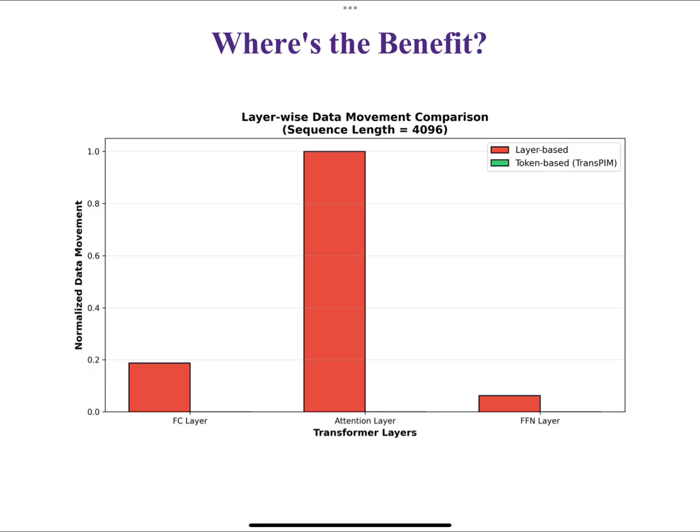Where does the benefit come from? Most of the benefit comes from the attention layer because it handles L times L matrices. Token-based data flow greatly reduces the number of times these large matrices need to be loaded or stored. FC and FFN also benefit, but attention is the biggest win.